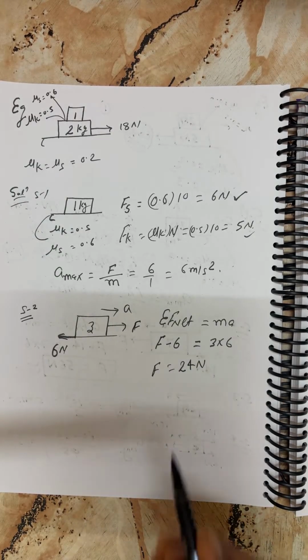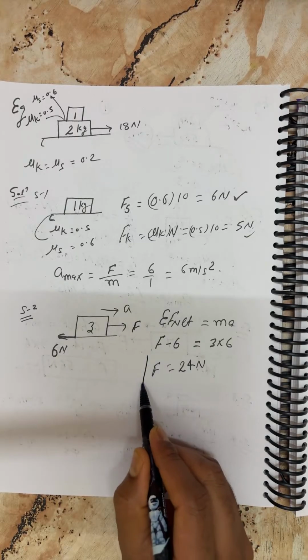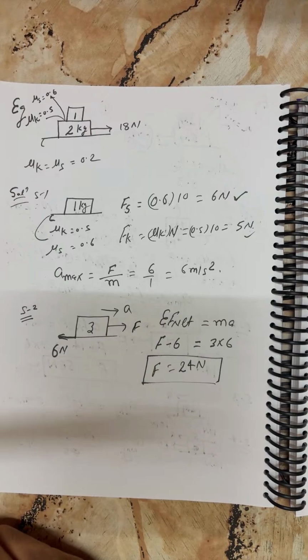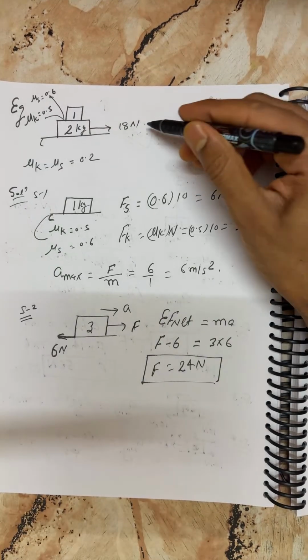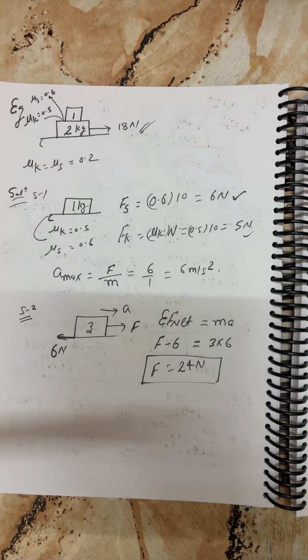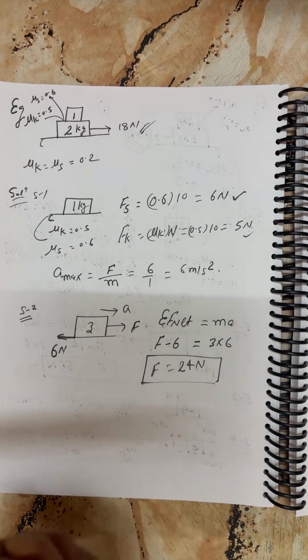It's a very good thing for us: the system will move together up to 24, and you applied only 18 here. So the system will move together.